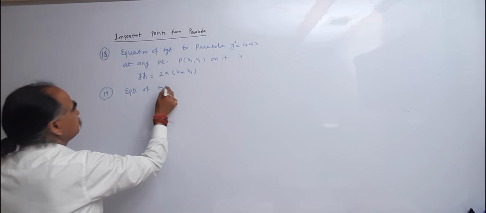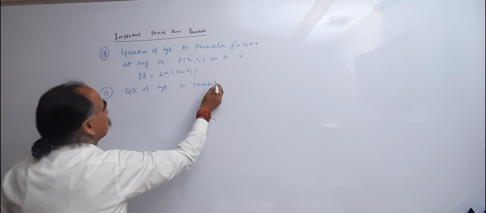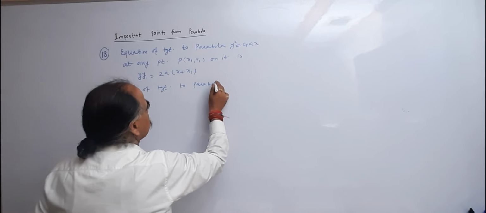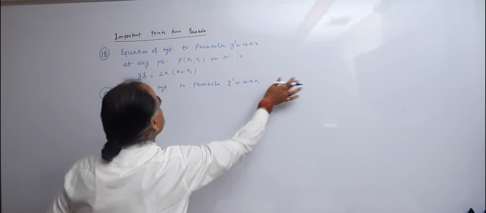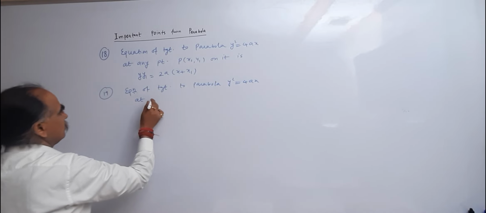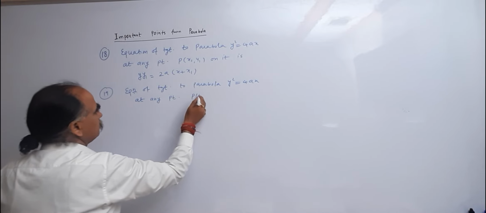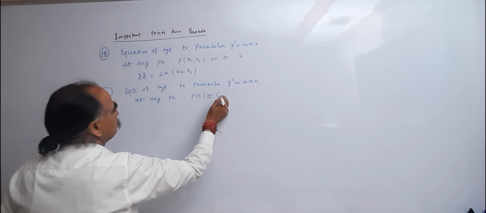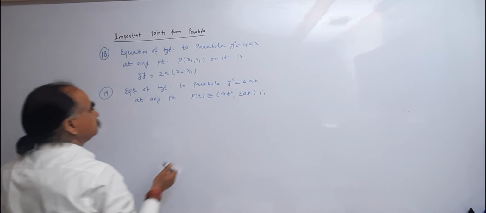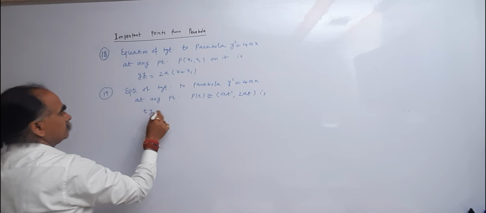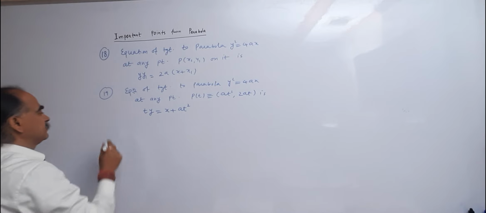Equation of tangent to the parabola y square is equal to 4ax at any point P(t) corresponding to (at square, 2at) is ty is equal to x plus at square.